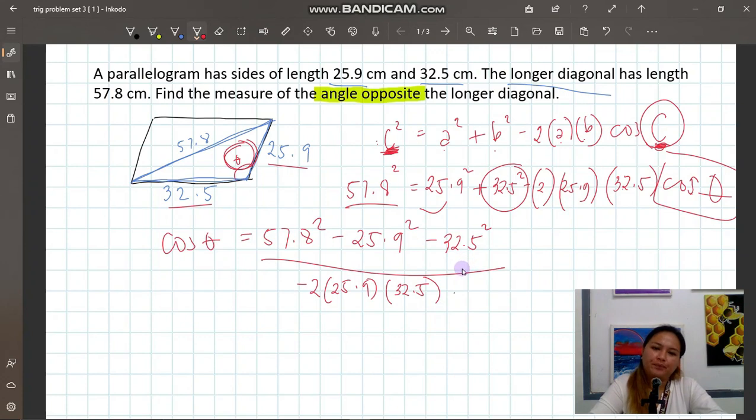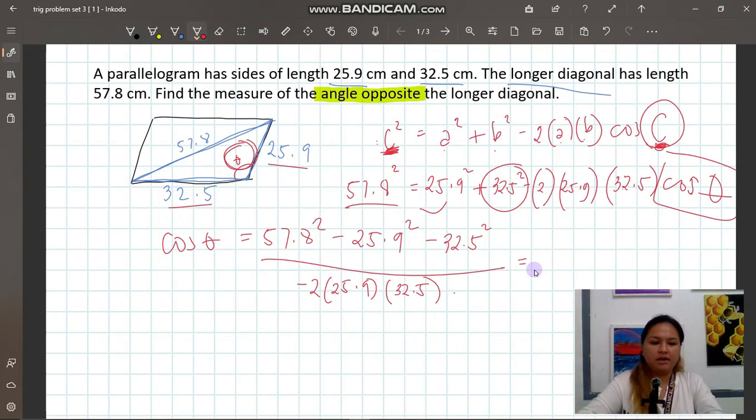Wait, let's solve it in the calculator. That's 57.8 squared minus 25.9 squared minus 32.5 squared over negative 2 times 25.9 times 32.5. Correct? Okay, there you go.